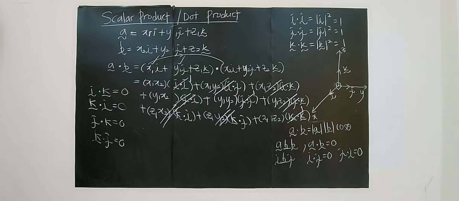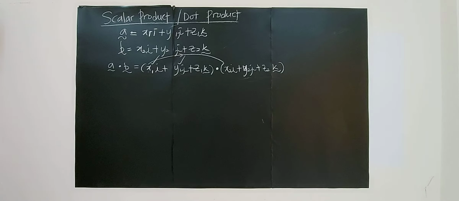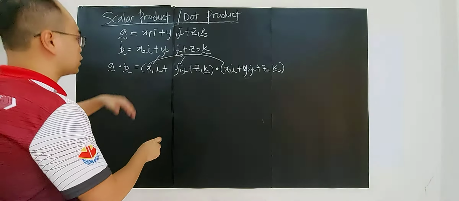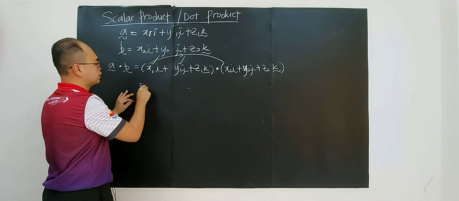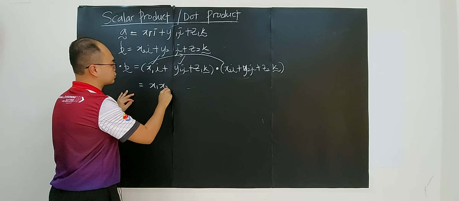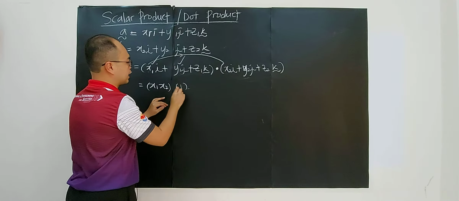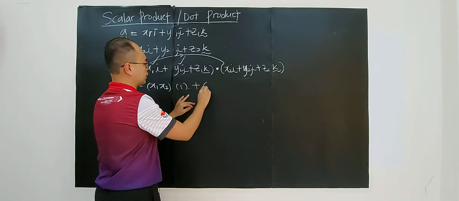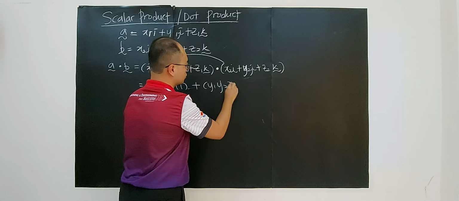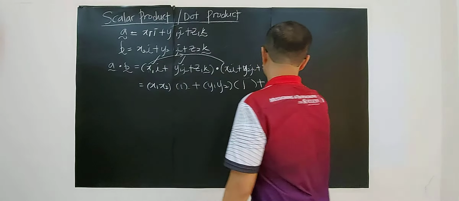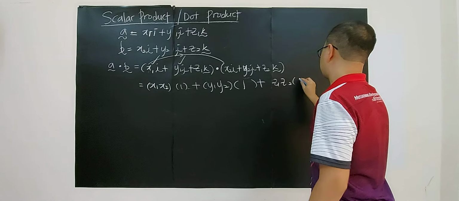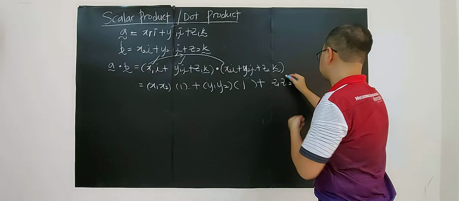Now let's see. I'm going to show you the simplified form. From all the results just now, where some cancel out to 0 and some turn out to be 1, you can see that x1, x2 goes with i dot i, which is 1, y1, y2 goes with j dot j, which is 1, and z1, z2 goes with k dot k, which is 1.